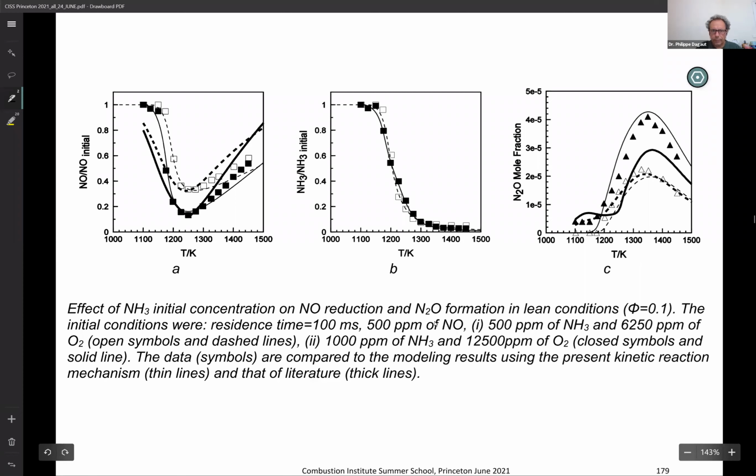So we have 500 ppm of NO initially, and we introduce 500 ppm of ammonia, and these are the data here, and then 1000 ppm of ammonia, and this is the solid line. So you can see that if you introduce more ammonia in the system, you get more reduction of NO.